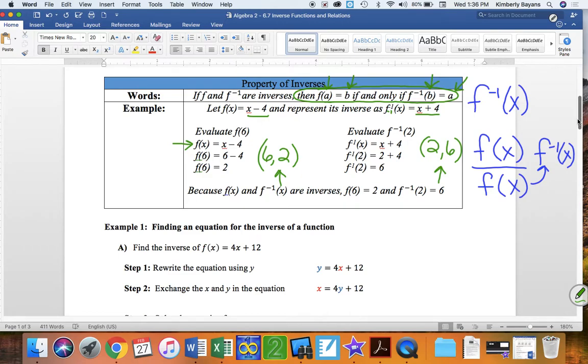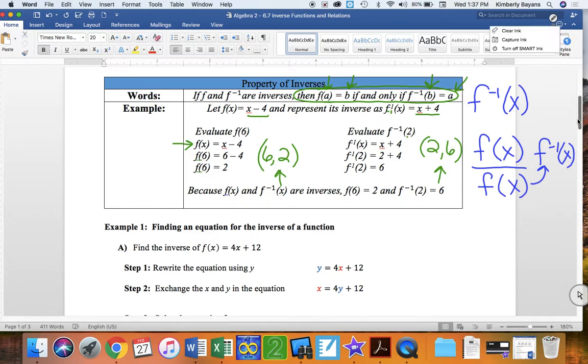So I take 2 as my x value, and I should come up with 6 as my y value. When I put that into my inverse function, that's exactly what happens. That's how inverse functions work: all of the x values I put into my original function generate y values that, when reversed, work in my inverse function as x and y values.